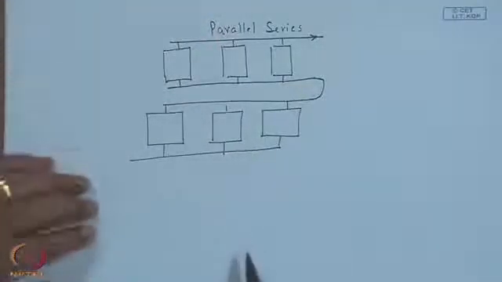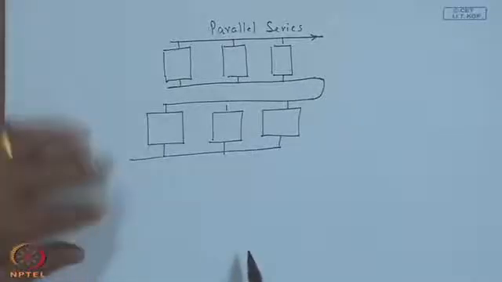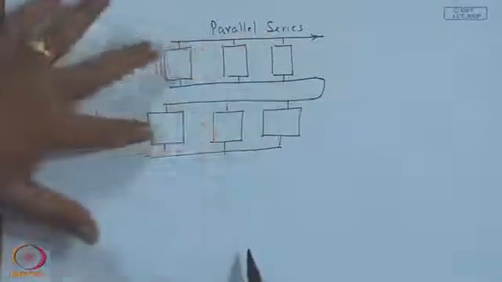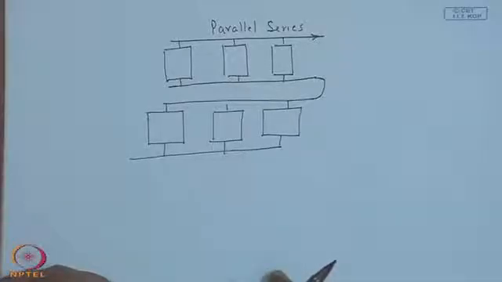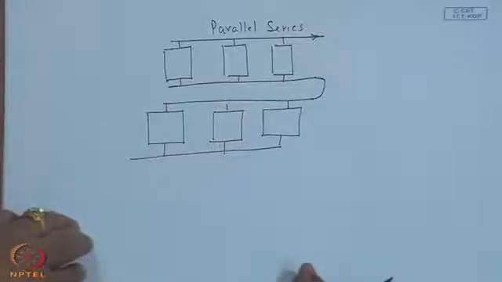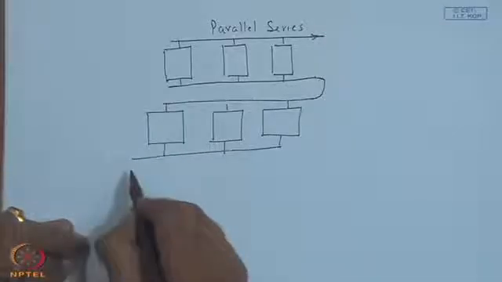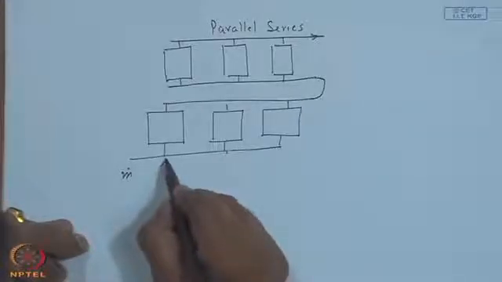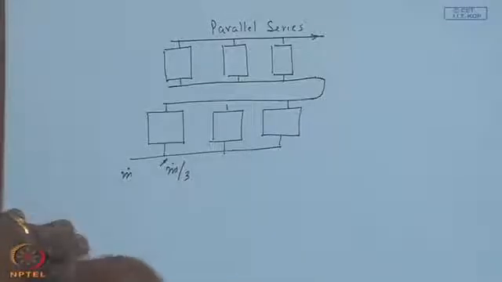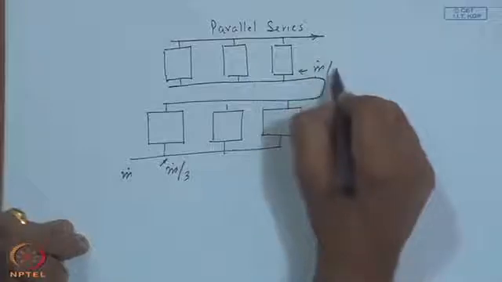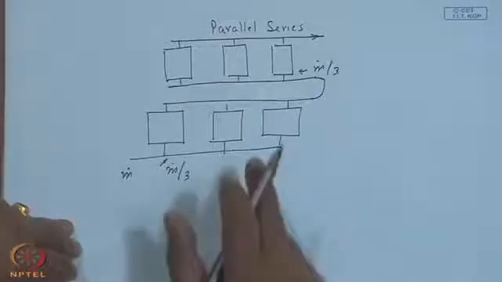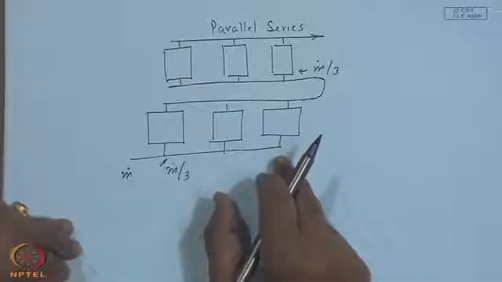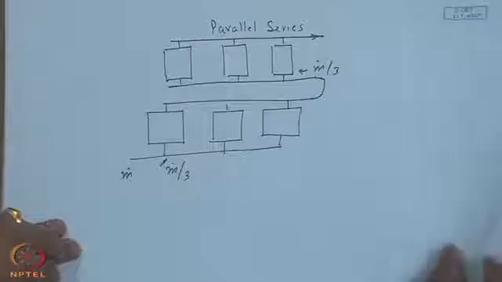So, it is a question of, I have deliberately chosen 6, so that I can make 3 of them in parallel with 2 series and 3 of them in series with 2 parallel, call it parallel series or series parallel. Now, it is very difficult to say which one will have a higher pressure drop, but you can see that the total flow rate is m dot, but through each will be m dot by 3 and here also m dot upon 3 compared to m dot upon 2 in the previous case through 3 collectors. So, I can expect this to have a lower pressure drop, though one has to worry about the additional piping that this may require.